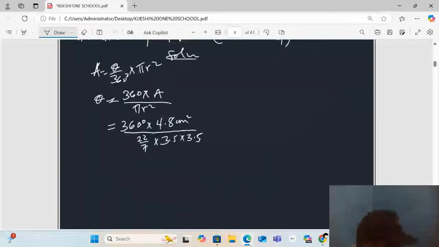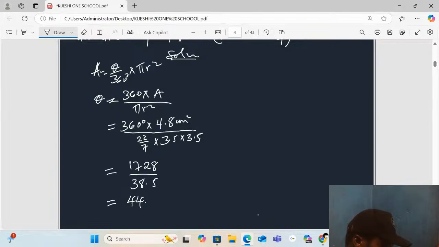Therefore, when you calculate and find the value of theta, you're going to get 617.28, then we divide it by 38.5. Then, therefore, our value of theta becomes 44.88 degrees.